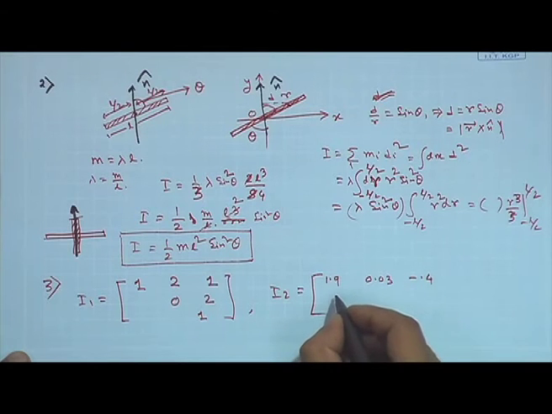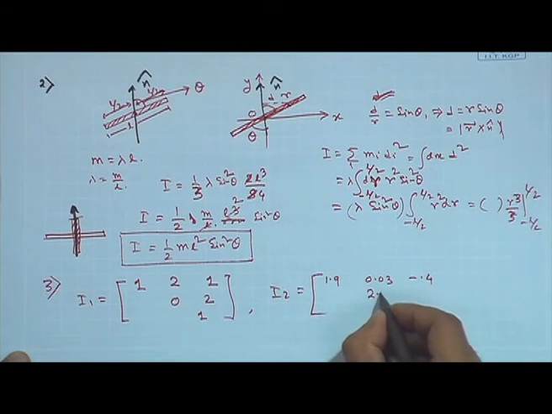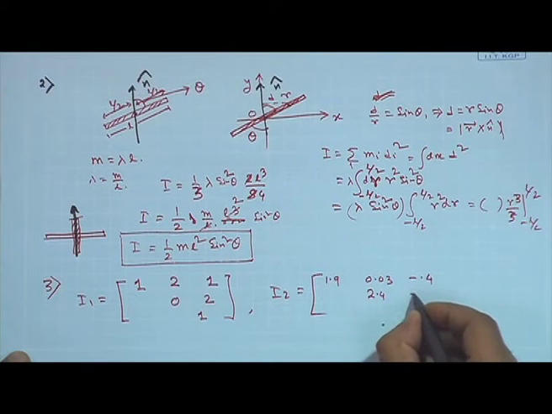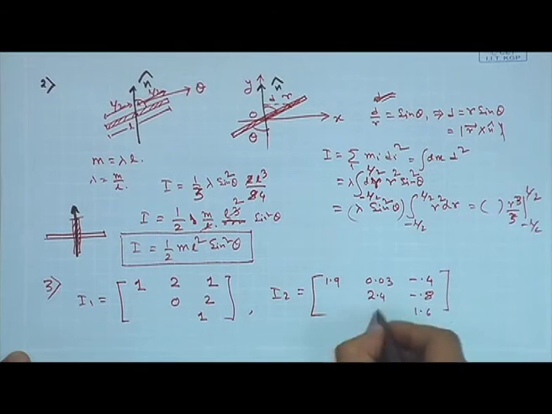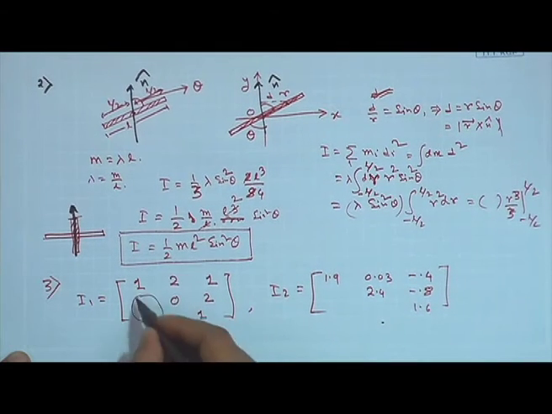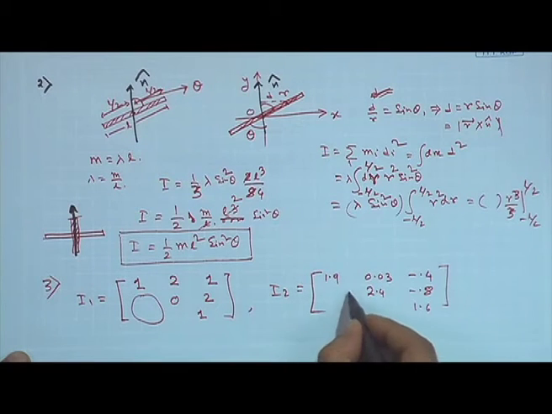It does not matter really because these numbers can be approximated. Minus 0.8, 1.6, and the rest is the repetition. This half will be the repetition of this half. Similarly, this part will be the repetition of this part.